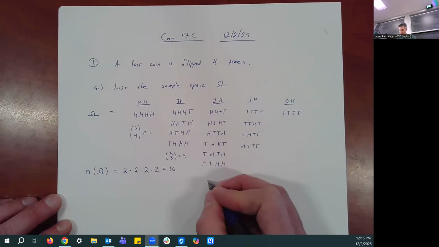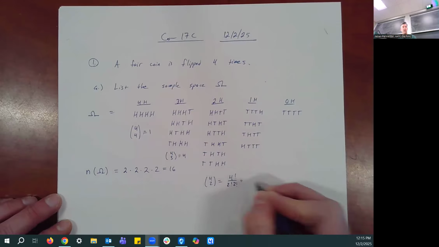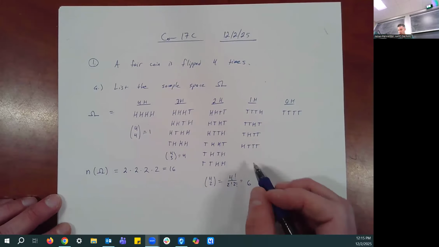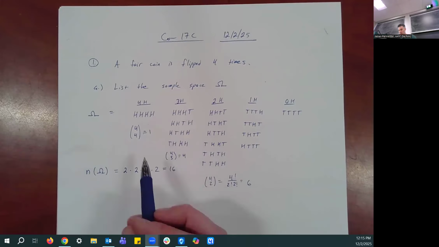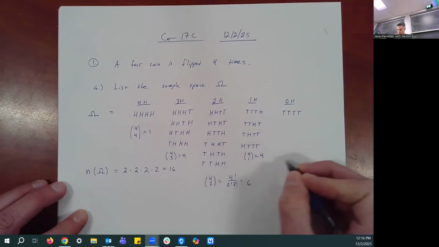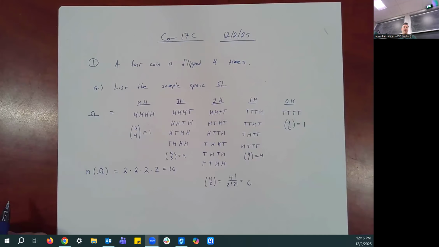And for 2 heads, that is 4 choose 2, which is 4 factorial over 2 factorial times 2 factorial, which is 6. So these numbers come from how many ways you can pick the 3 spaces, or the 2 spaces, or the 1 space, or the 0 spaces that have to have those heads.